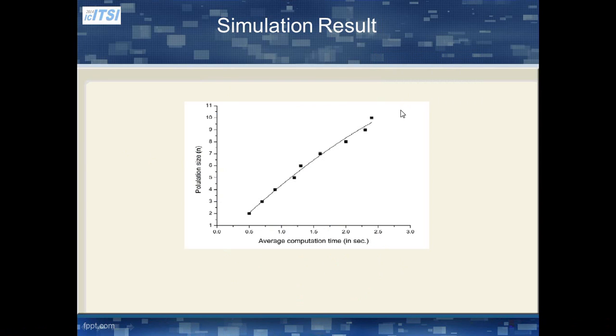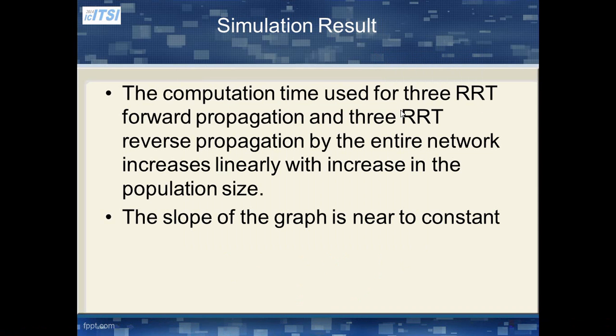We can see the slope is almost constant. So the computation time per robot on increasing the size of the system doesn't change. So it is computationally efficient even on increasing the population size.